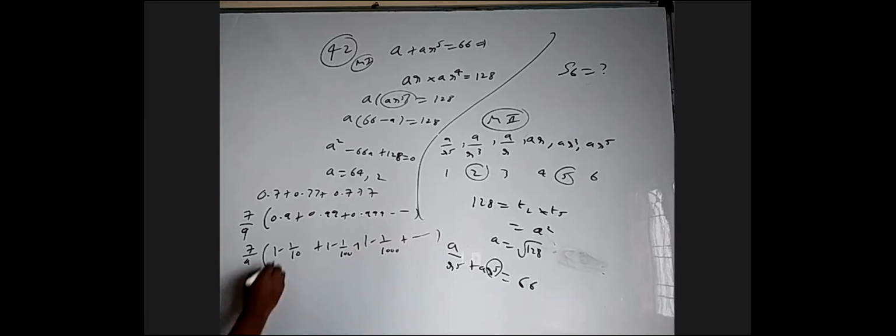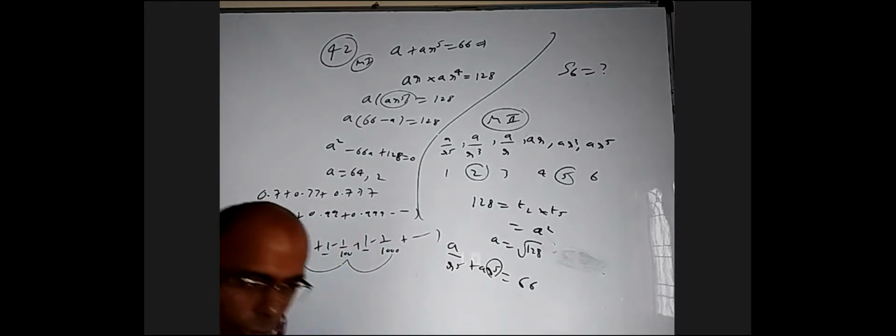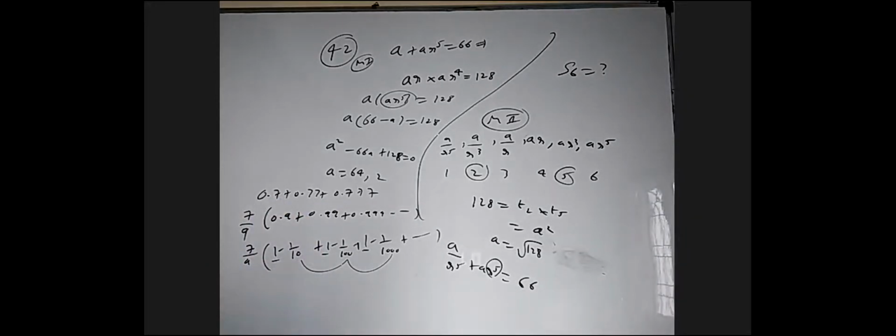This is 999, I can write 1 minus 1 by 1000. All the ones you add, you get 20. All these are GP. You can easily see here, it is actually a GP plus a constant. These are all GP and one number is added. So that is one way to do it.